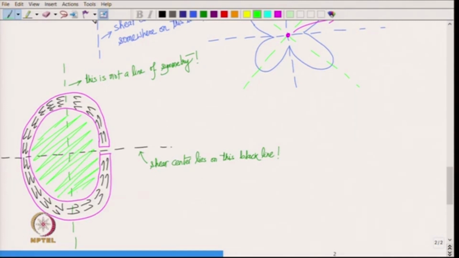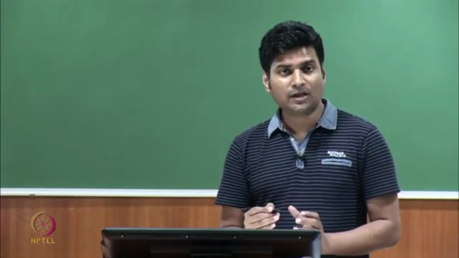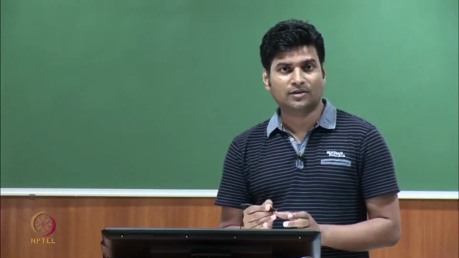It turns out no, because you take any point within the cross section, and when we find out torque due to this shear stress, they all contribute in the same direction. So, torque never vanishes. So, it has to lie outside this cross section, and it turns out it lies somewhere over here. So, you see it is not physically on the cross section.